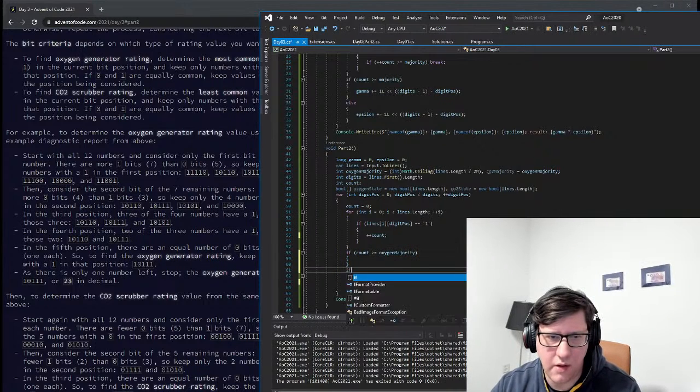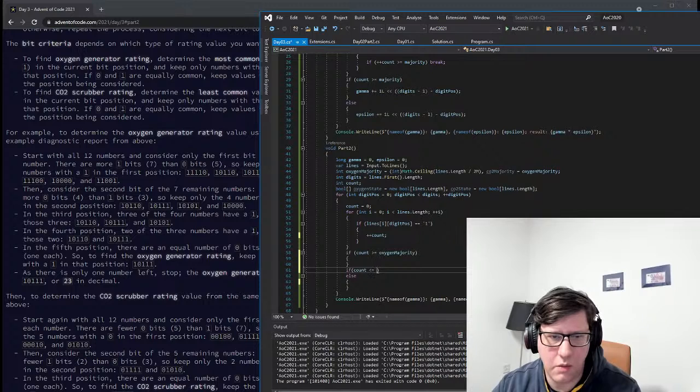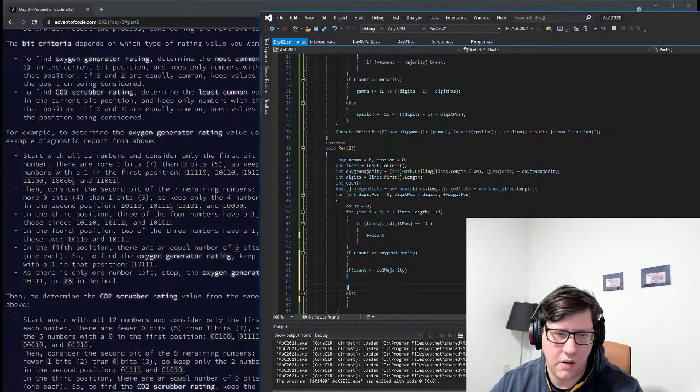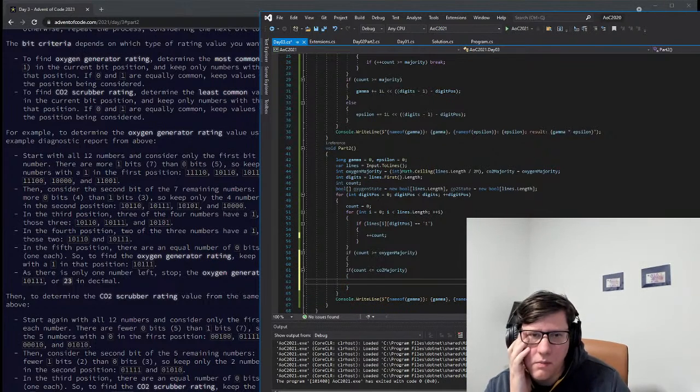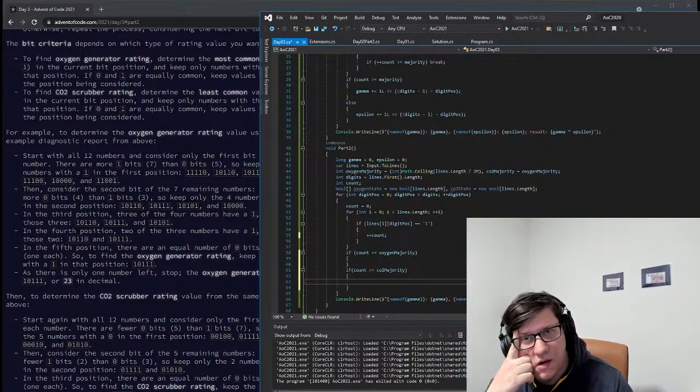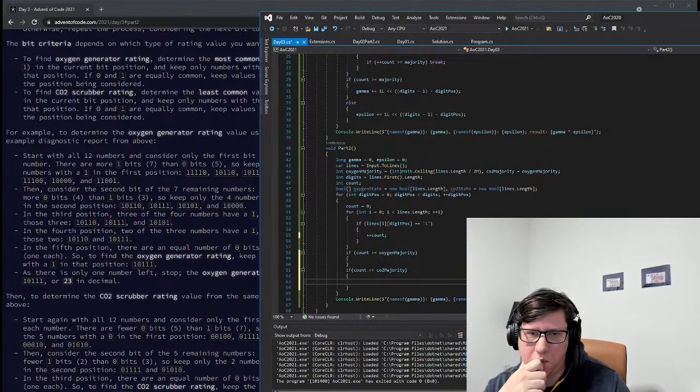And we also do if count smaller or equal to CO2 majority. And then this one will move on. I'm just thinking. Actually, you need to do the count. You need to determine the majority within your set, and then you can strip out the ones that don't make it.